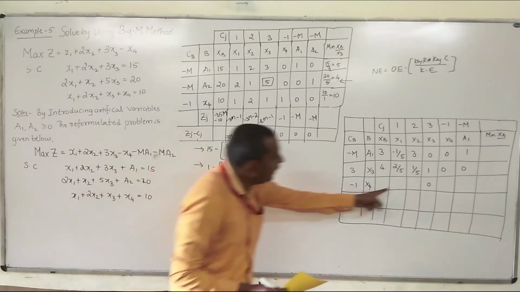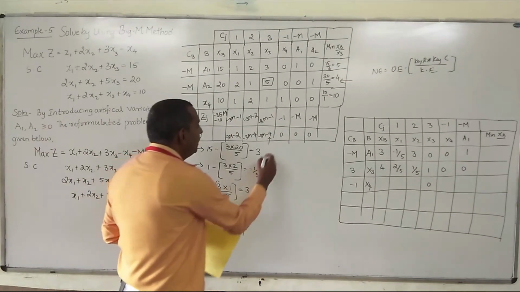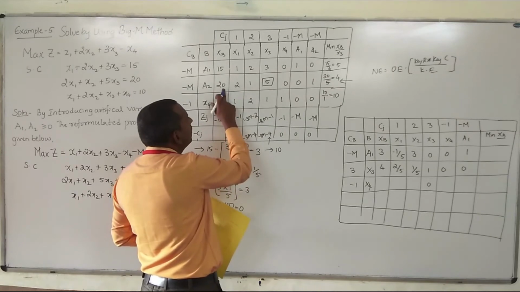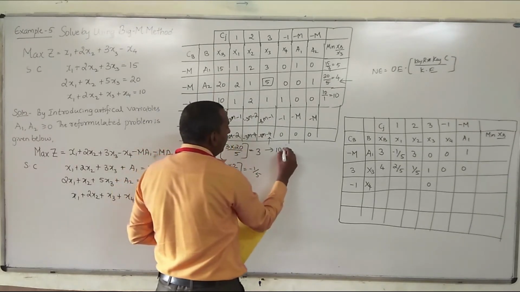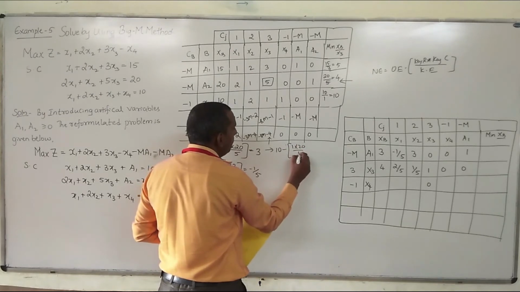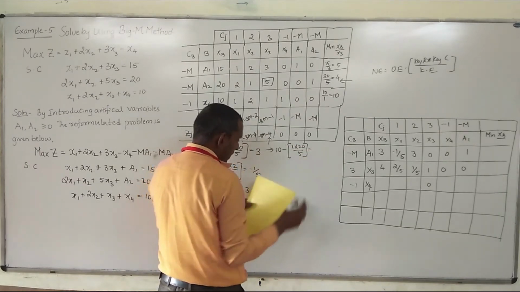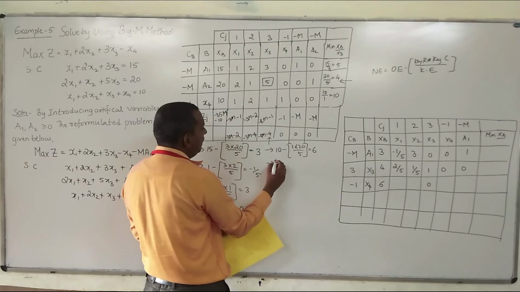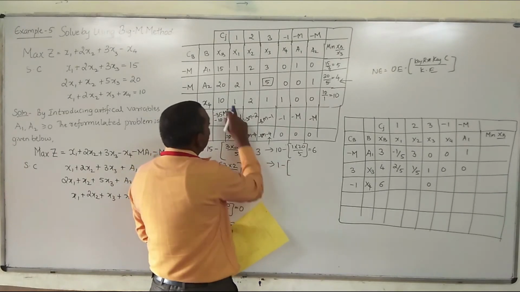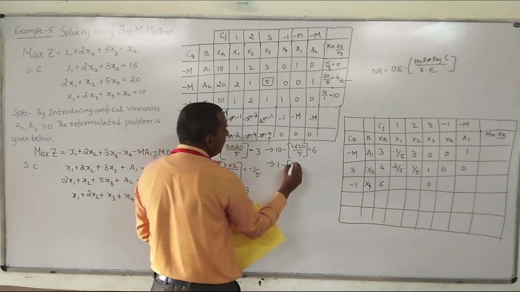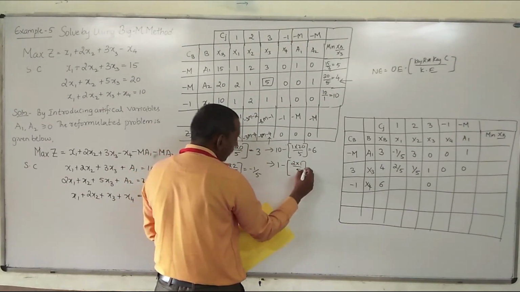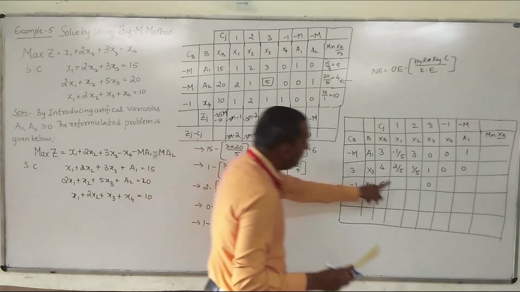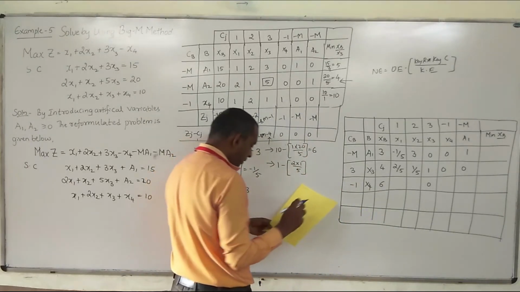Then we need to find the value of the next elements. Next one is the old element 10 minus the product of key row and key column, that is minus 1 into 20 divided by 5. The answer is 6. Next one is 1 minus 2 into 1 divided by 5, so the answer is 3 by 5.